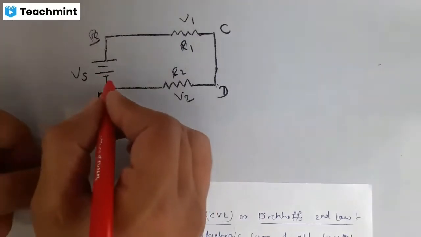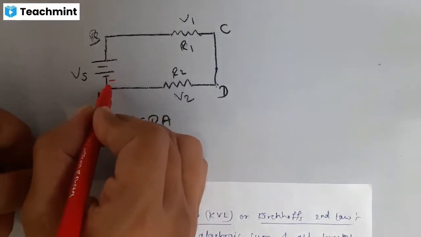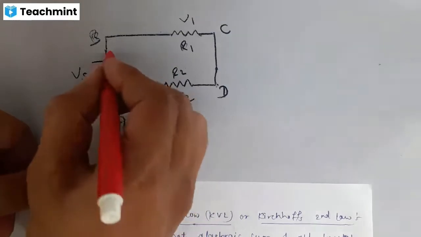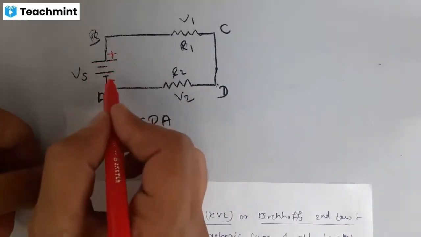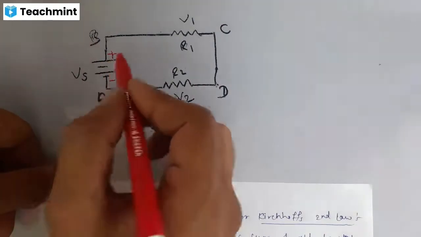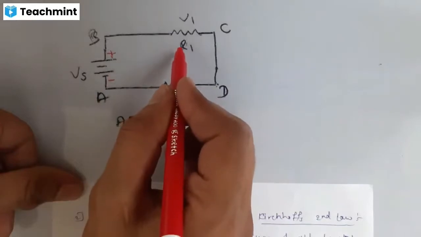Here you can see the polarity. This is the negative terminal of the battery, and this is the positive terminal of the battery, isn't it? This positive terminal is connected to the passive element. A resistor is a passive element.